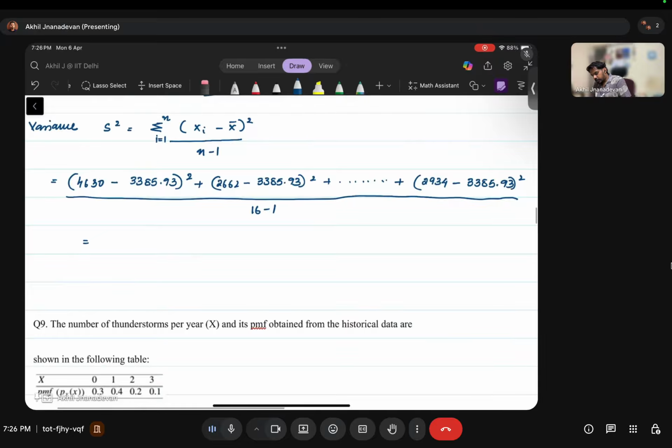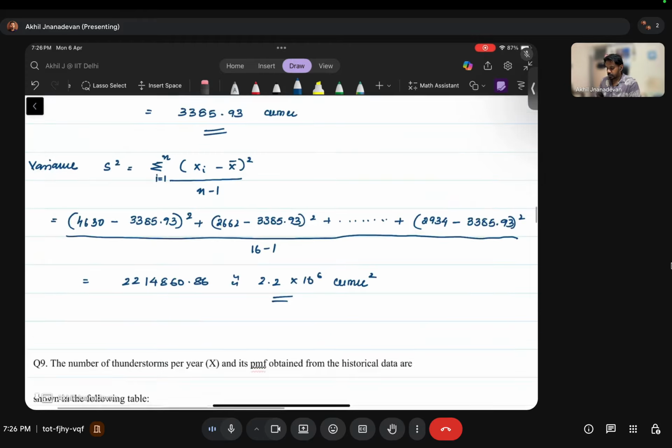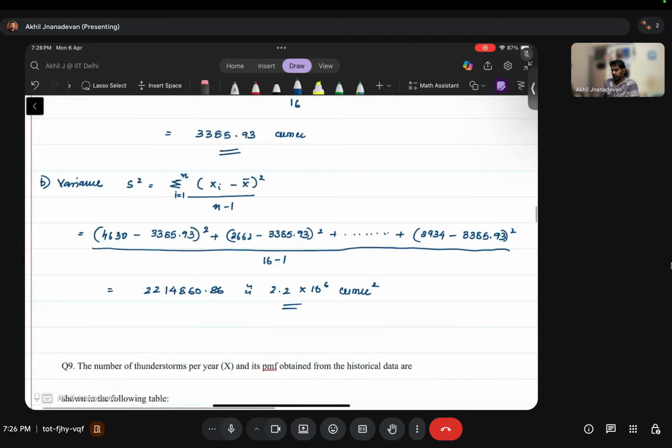So this would be coming around 221,486.86. That is around 2.2 into 10 power 6 cubic square. So this is the variance. This much cubic square is the variance of the 16 years of data that is given.